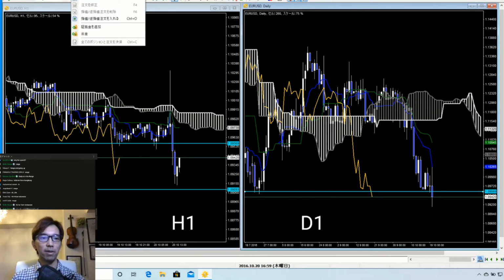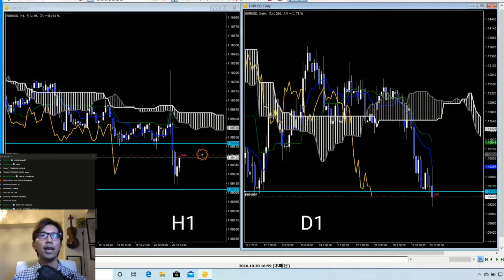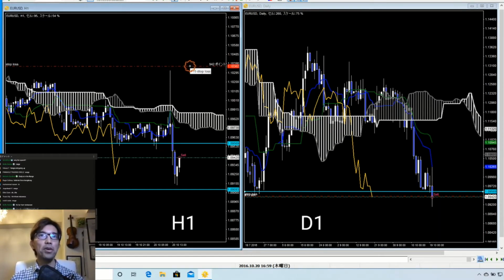I'm not sure if this is going to work or not, but just as an example, let me place a sell, and I put the stop loss in this area here. It says 942 points, so that means this is 94 pips above the entry price, which is too wide.